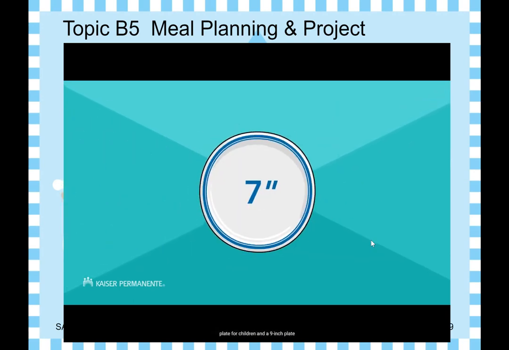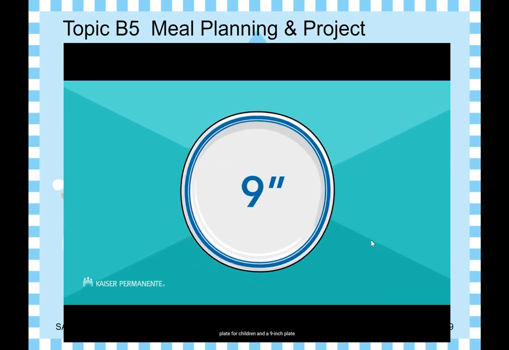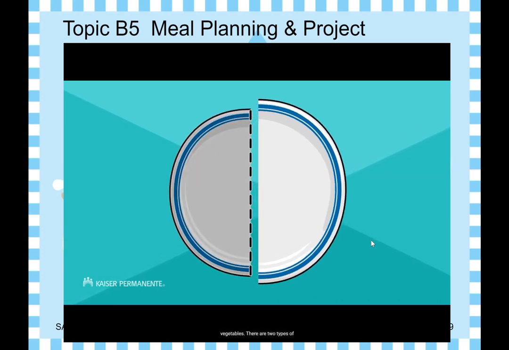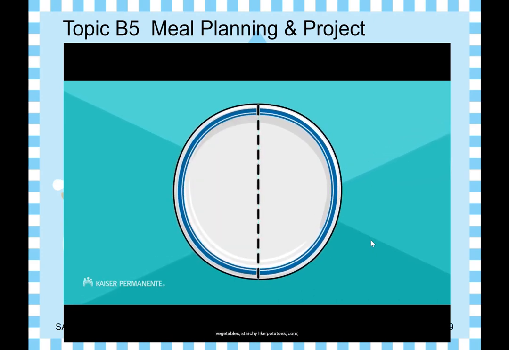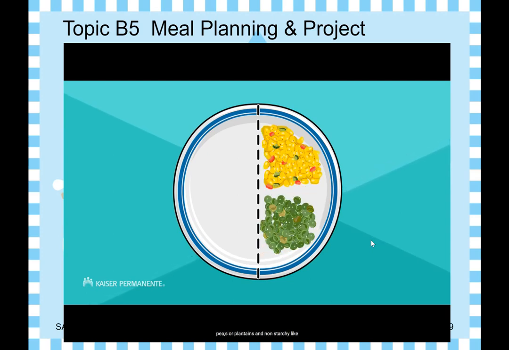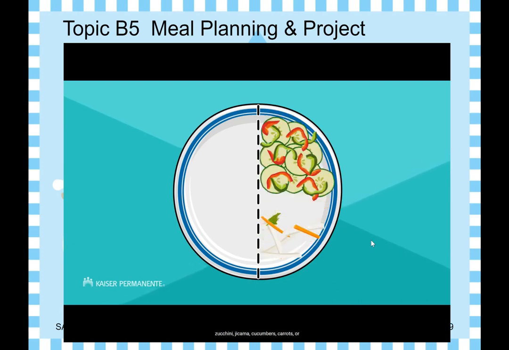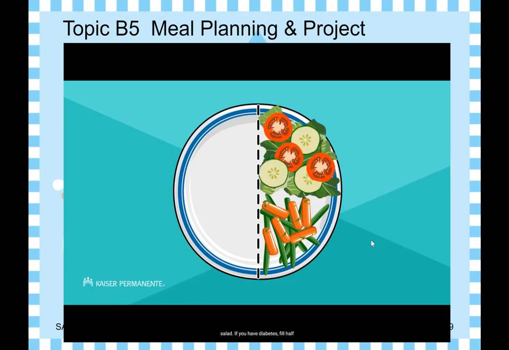Simply use a 7-inch plate for children and a 9-inch plate for adults. First, divide the plate in half and fill one half with vegetables. There are two types of vegetables: starchy, like potatoes, corn, peas, or plantains, and non-starchy, like zucchini, jicama, cucumbers, carrots, or salad. If you have diabetes, fill half your plate with non-starchy vegetables.